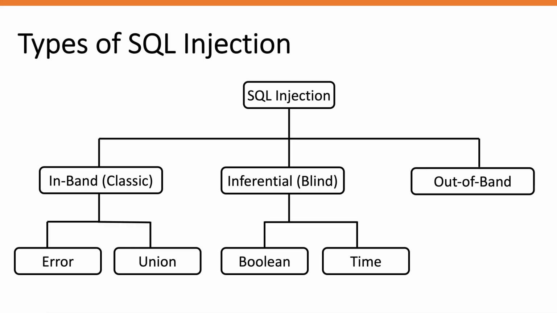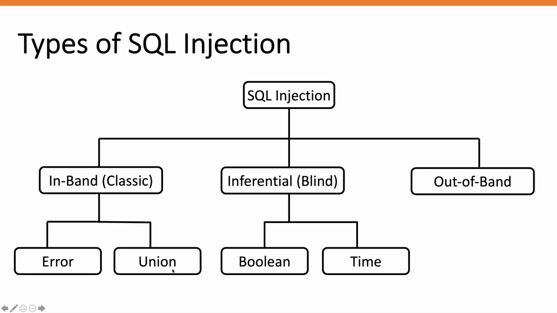And so the error tells you things like the type of database they're using at the backend, the version of the database, and sometimes the error will also tell you the exact SQL query that is being used at the backend. And this would make your life so much easier because if you know the exact query, you don't have to guess it using trial and error. And this way you could just build your SQL payload. So that's an example of error-based SQL injection.